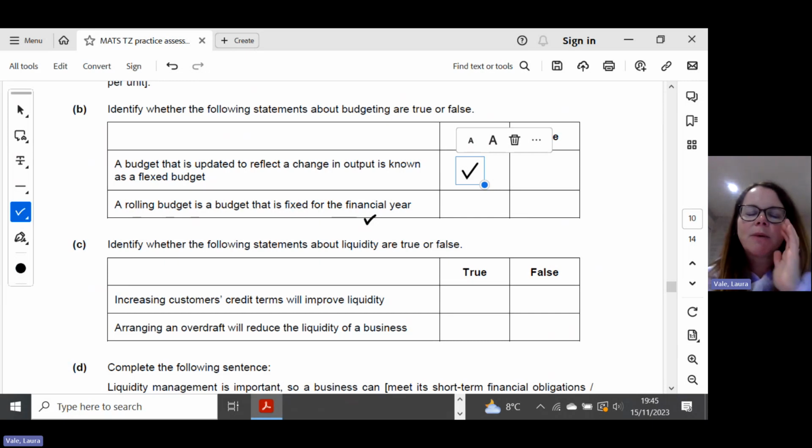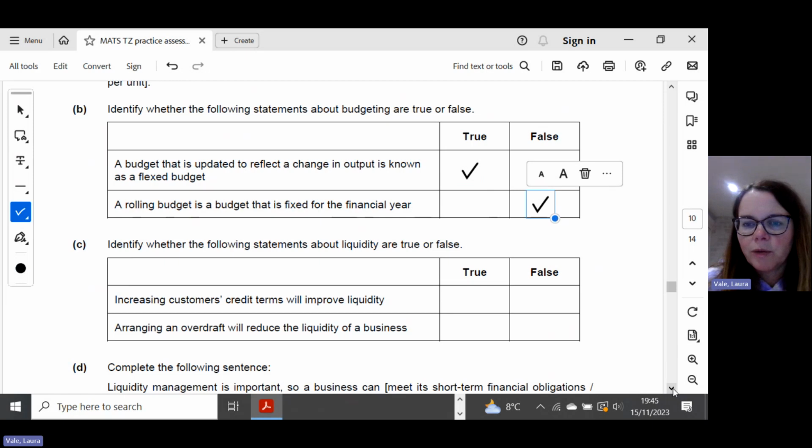Well, a rolling budget is one where you just keep on moving it on a month. So you might start with January to December, but once January's gone, you would then have February to January and then March to February and so on. So a rolling budget is not fixed, it keeps moving. So that will be false.